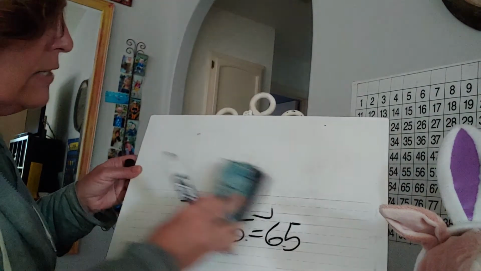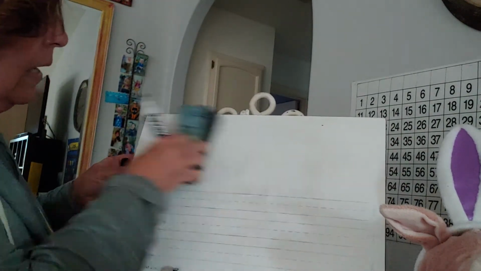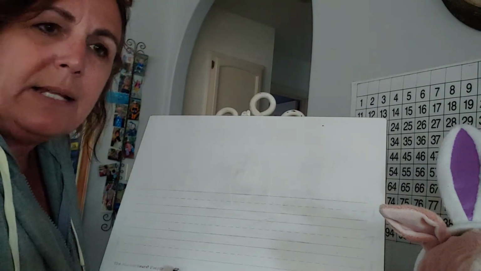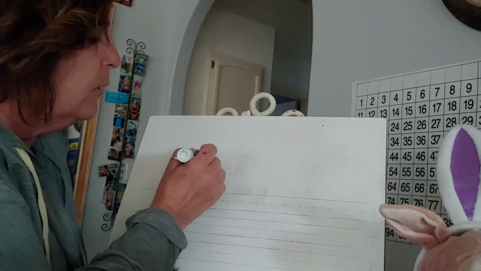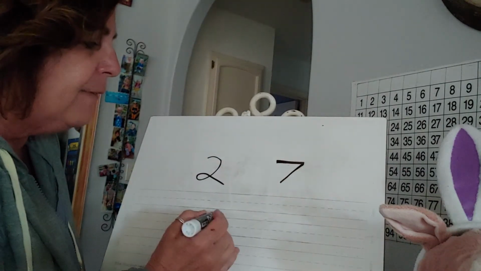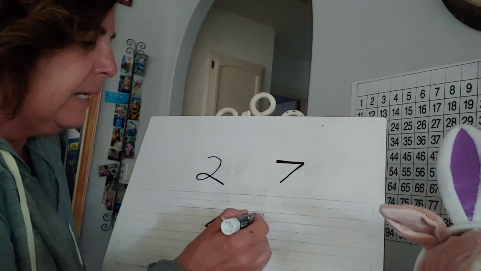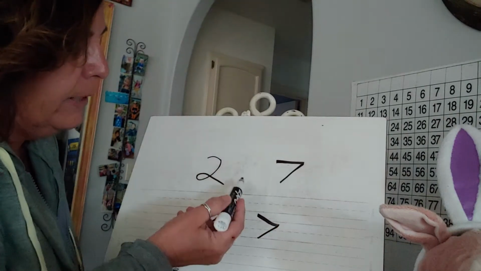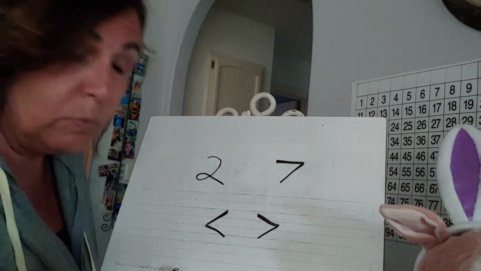So another thing that you guys are looking at in lesson 9 is less than and greater than. So if we have the number 2 and we have the number 7 and we have to use the less than or greater than sign in the middle right here to make the number sentence correct.